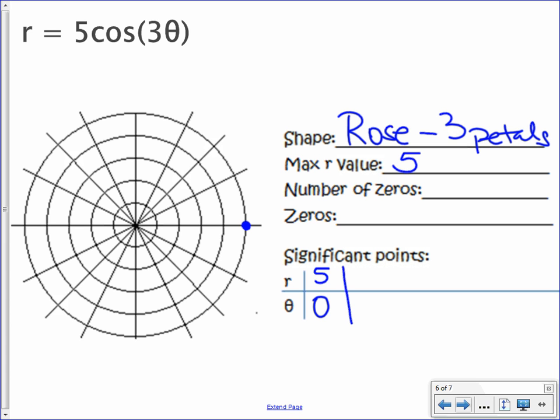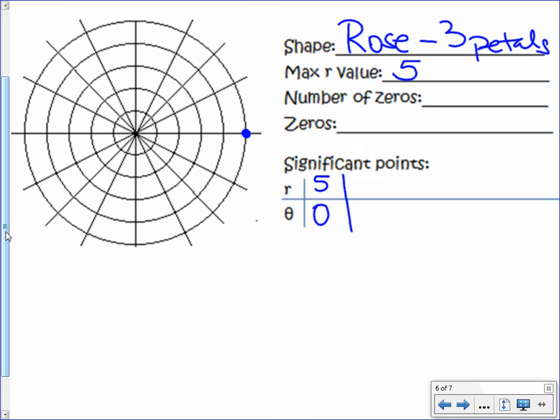We have 3 petals that have to span over this circular grid. How can we figure out how far apart these petals are going to be? There are 3 petals. Very good, Justin.